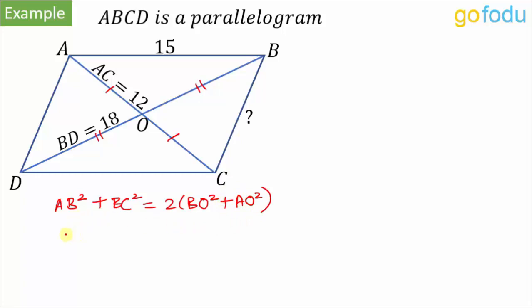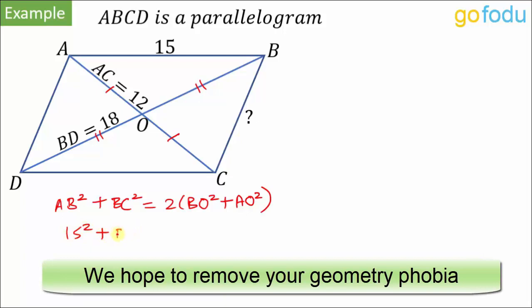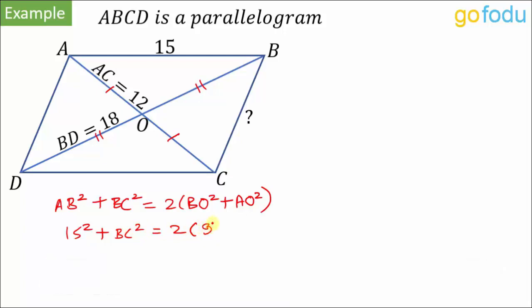AB is 15, 15 square plus BC square, which we have to find, is equal to 2 times BO, BO will be BD upon 2, 9, 9 square plus AO will be AC upon 2, 6 square. This will give BC square as 9 and BC will come out to be 3.